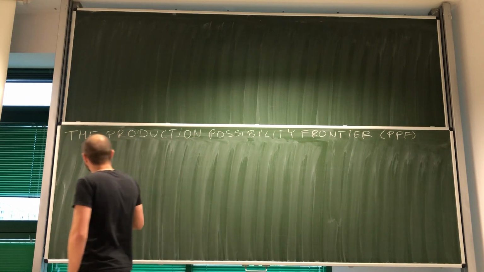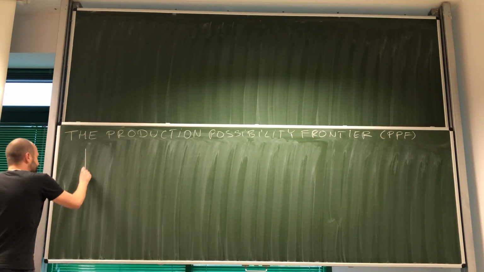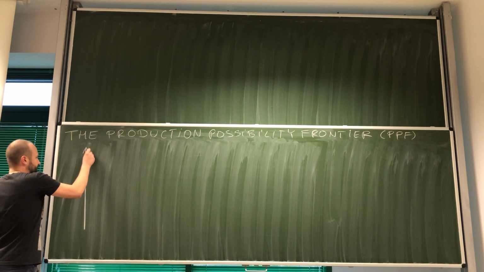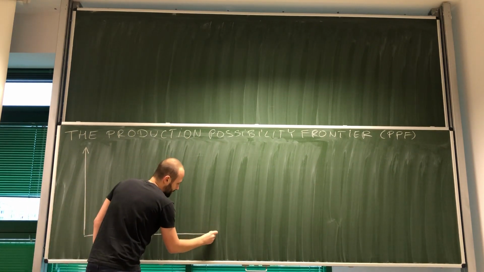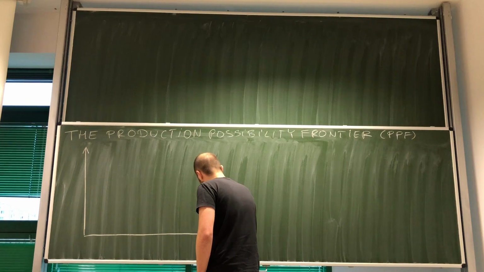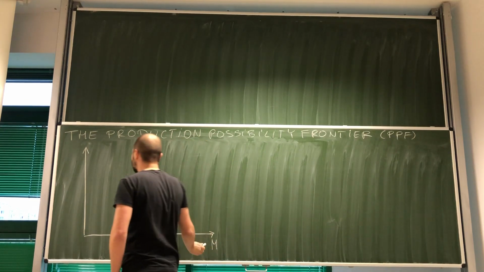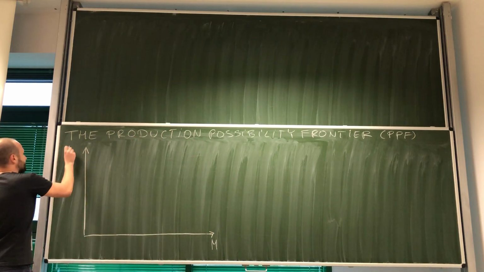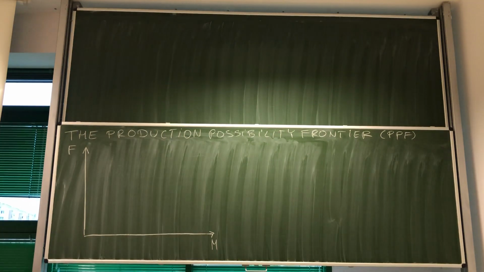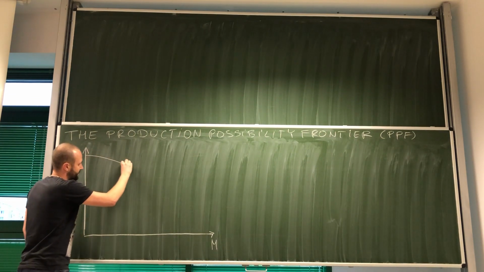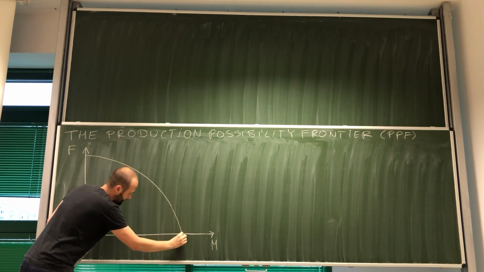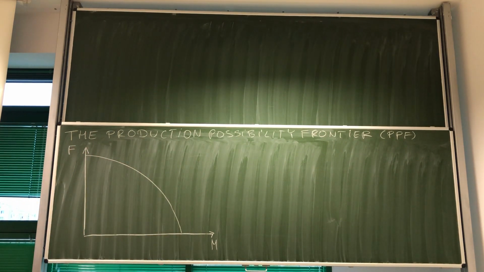Okay, so in our economy, the production possibility frontier is going to look like this. Here we have manufacturers, on this axis we have food, and the production possibility frontier is going to look like this.